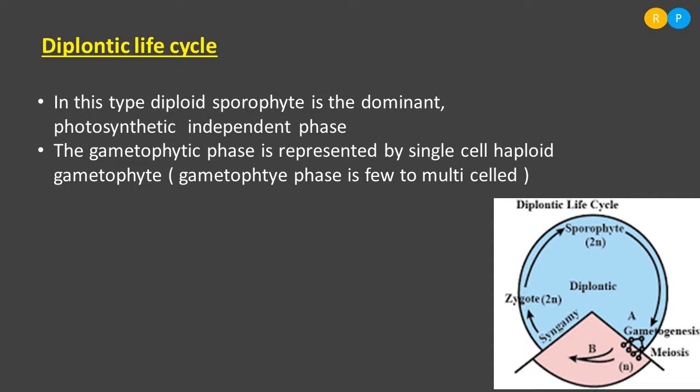Clear? That phase we call the haploid phase. So, the haploid phase is represented by the haploid gametophyte and that is short lived in the plant. That is not the dominant phase in the plant. Understood? And this kind of life cycle is termed the diplontic life cycle.